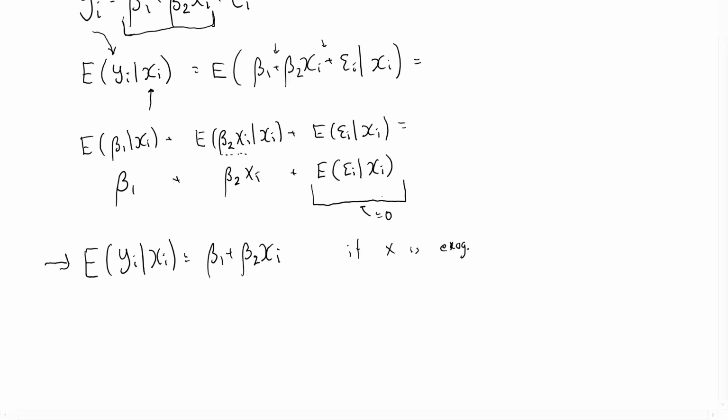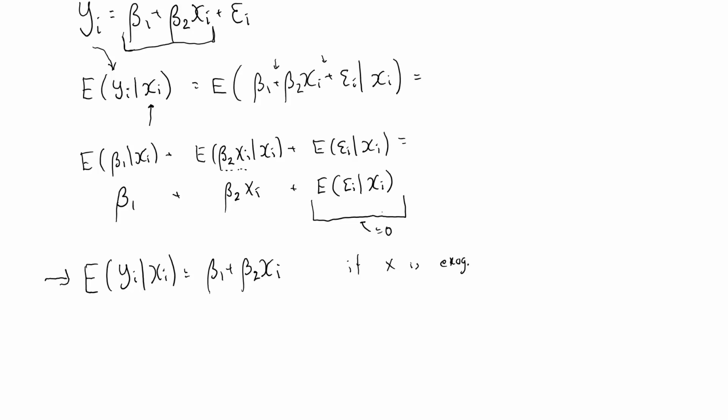So what we're saying with the exogeneity assumption is really this, in terms of the example. A student that has studied this number of hours should expect to get a grade on the final exam which is a linear function of that many hours.